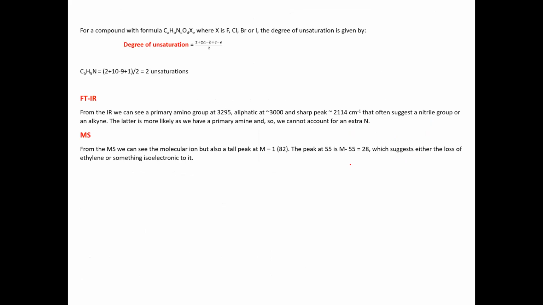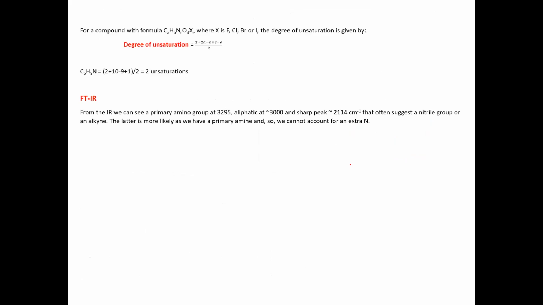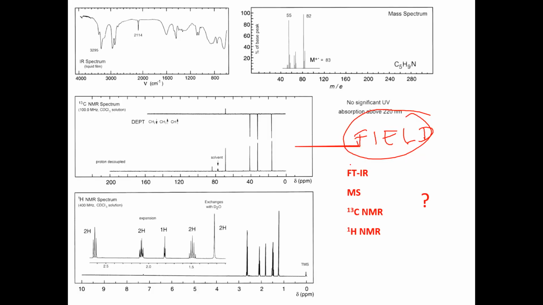Mass spec, you don't see much. This is one of the times where you cannot see much on mass spec, but the mass is 83 and the tall peak is 82. So there is a difference of 1. Remember what we said about the difference of 1 in the mass spec.